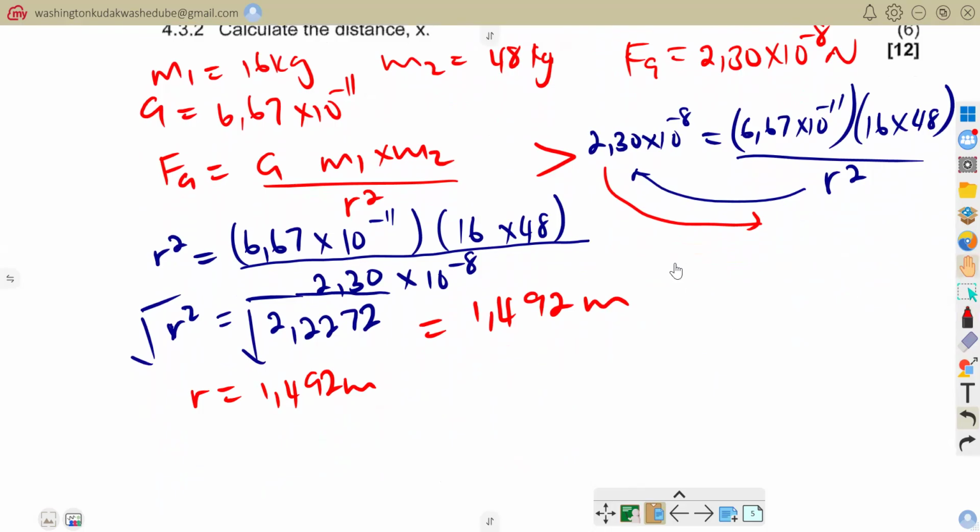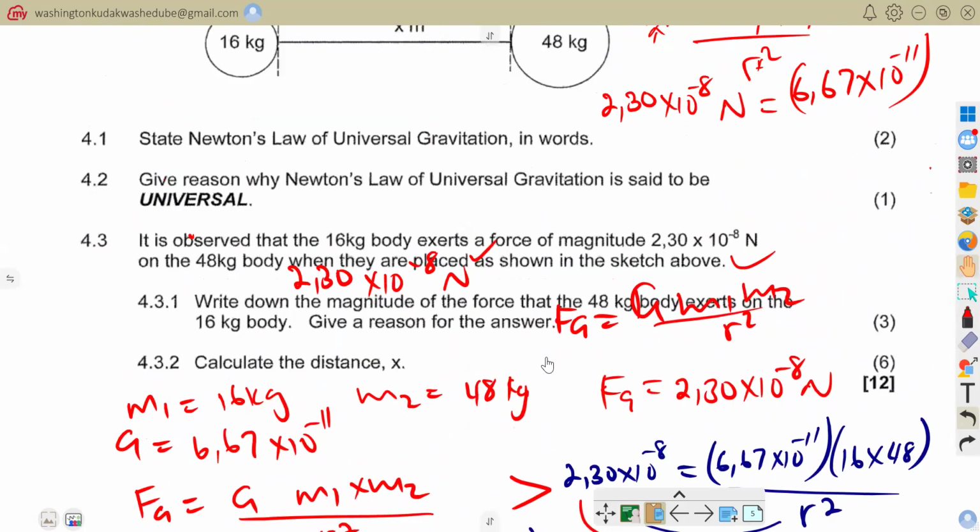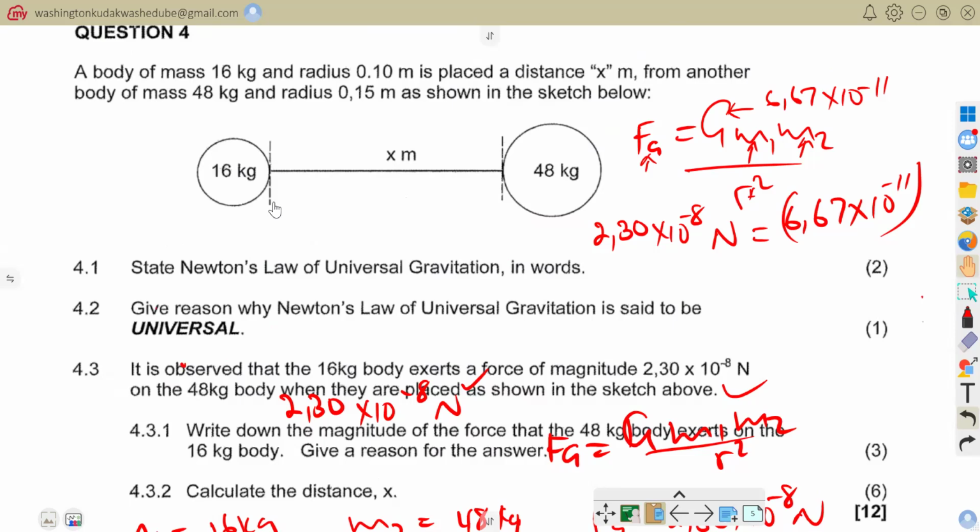Now, let's go back to the question and the drawing. We are looking for X, which is the distance from here to there. But we've managed to find this distance, which is R. So all we now need to do is take R minus the radius of that, which is 0.10, minus the radius of that, 0.15.